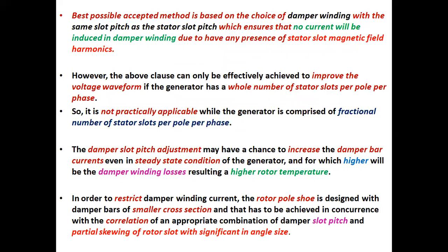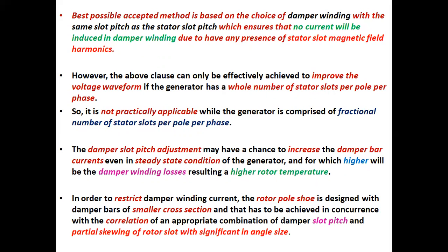But a possible accepted method is based on the choice of damper winding with the same slot pitch as the stator slot pitch, which ensures that no current will be induced in the damper winding due to any presence of stator slot magnetic field harmonics.